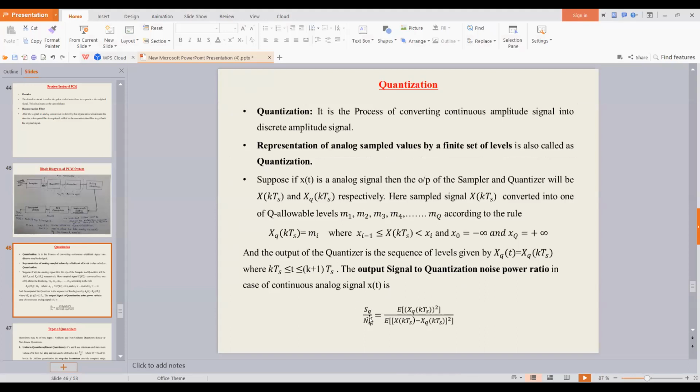Sq by Nq means signal power by noise power at a quantizer, which is equal to the expected value of xq(kTs) whole squared, divided by the expected value of x(kTs) minus xq(kTs) whole squared. In the denominator, x(kTs) minus xq(kTs) is nothing but the quantization error signal, we can say.